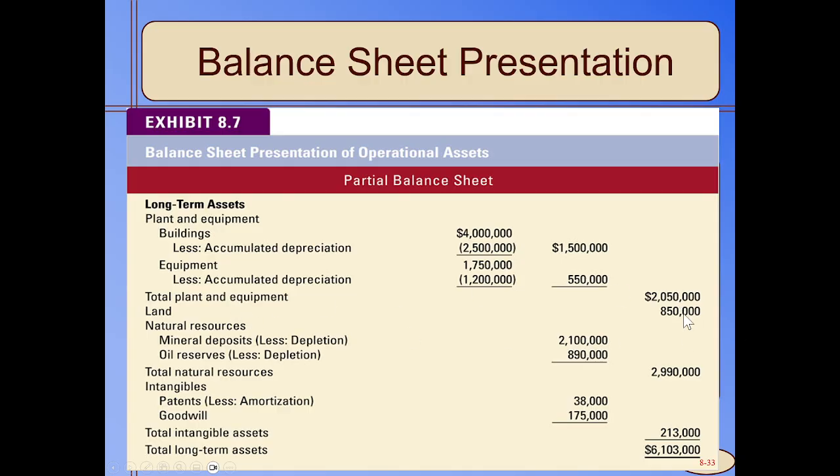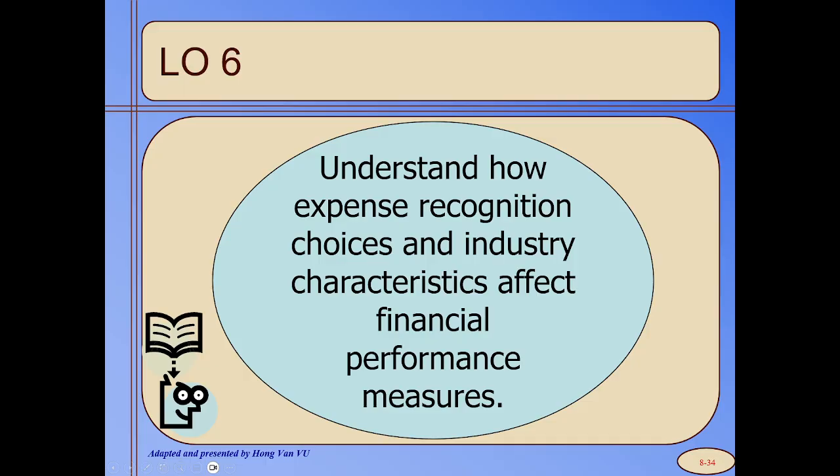For land, we don't have depreciation. For natural resources, we already deduct the depletion, and we have total natural resources. Intangible assets: patent, already less the amortization, goodwill, total intangible assets, and total long-term assets of the company.